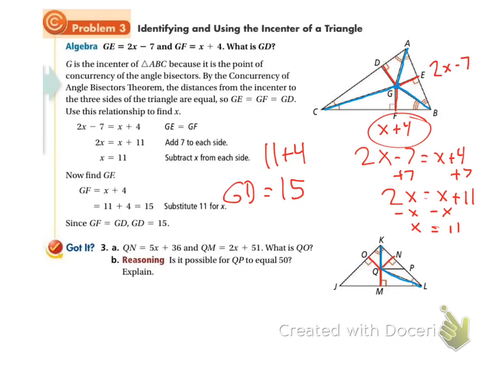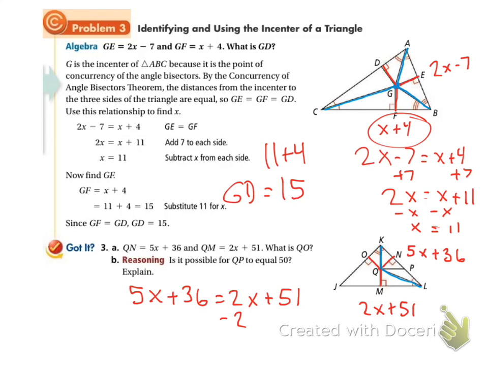So I'm told that QN is 5x plus 36, and that QM is 2x plus 51. I know those are congruent, so I'm going to set them equal to each other. 5x plus 36 is equal to 2x plus 51.